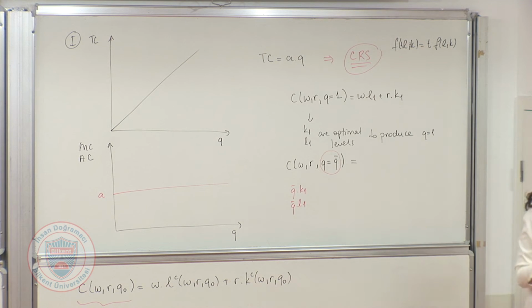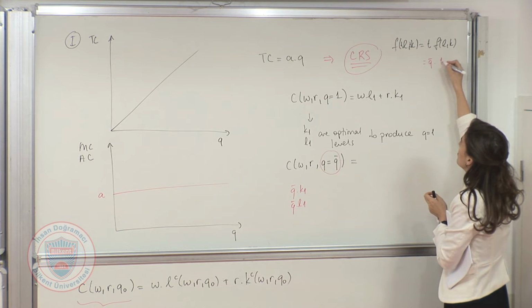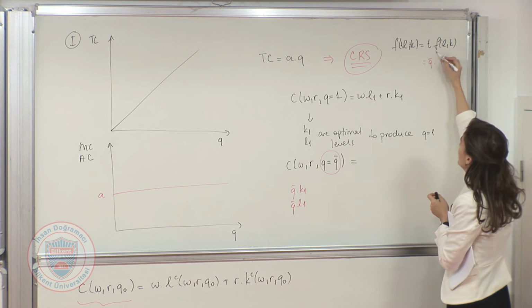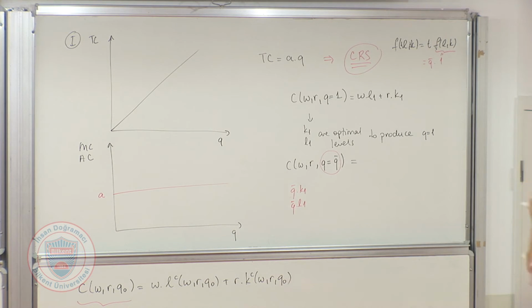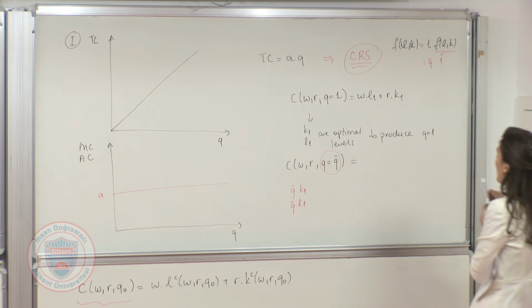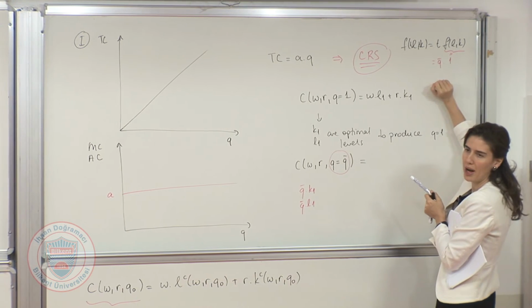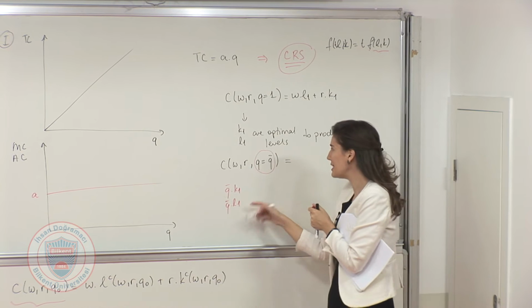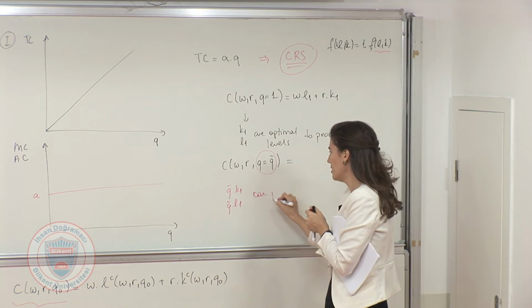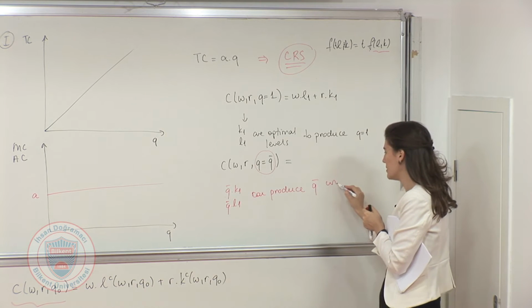So here I'm producing 1. So suppose this was 1. So if I want to produce Q bar, then I can actually have T times, Q bar times L, Q bar times K, right? So that we know. Now, we know that these guys can produce Q bar units.